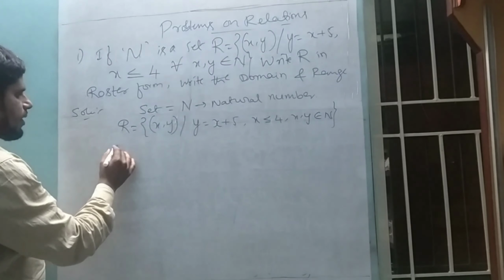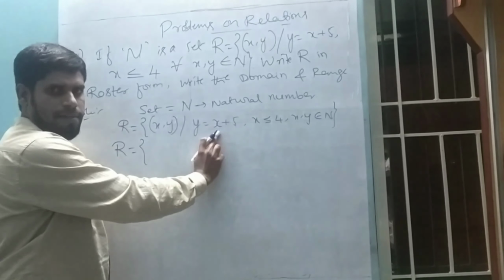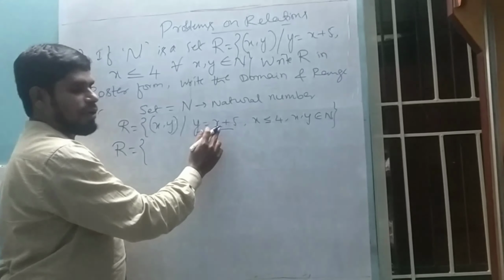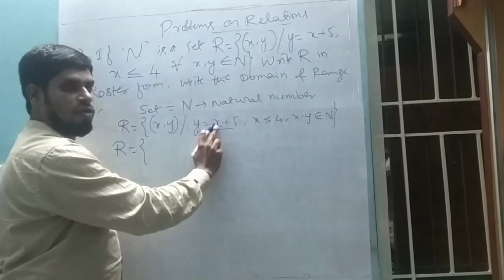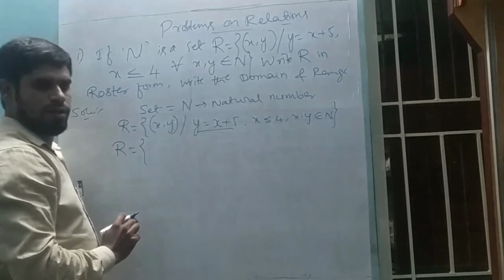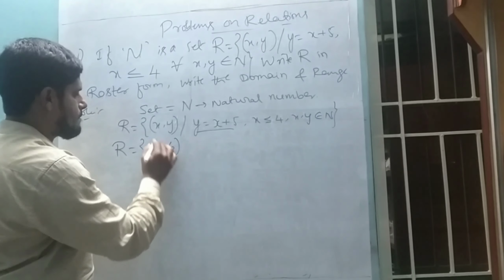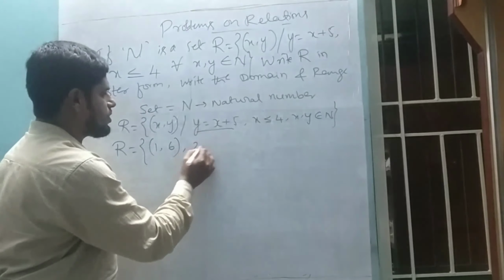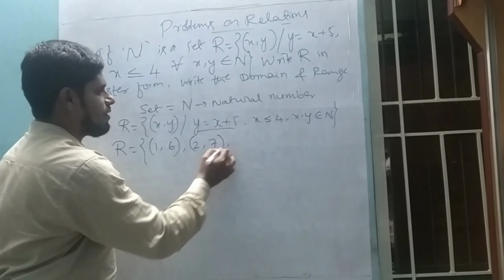So let me directly write the relation here. If I put x equal to 1 in this equation, every value of x is added with 5, so 1 plus 5, what is the value of y? It is 6. Next, if I put x equal to 2, 2 plus 5 is 7.